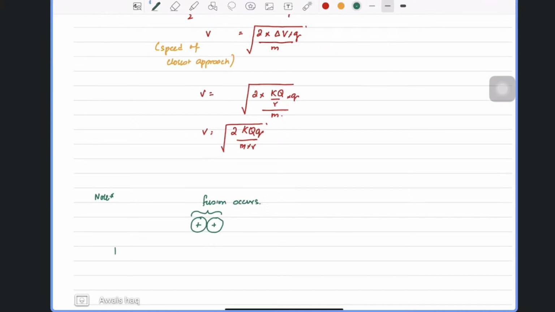Now, to successfully fuse two charges, you need to give an appropriate amount of kinetic energy.